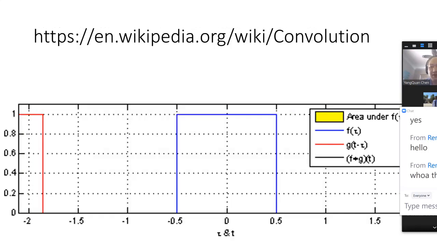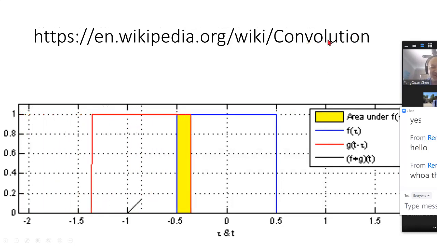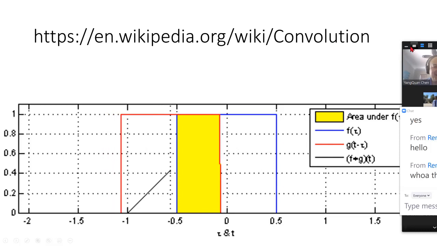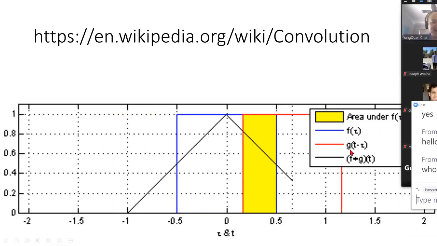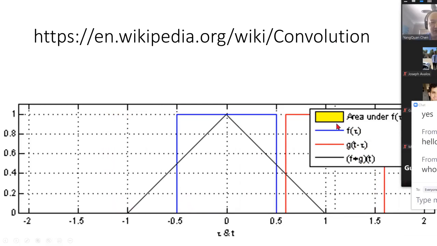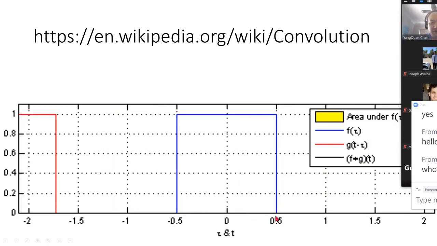Okay. So this is from Wikipedia. There's a dedicated convolution one. This is a faster animation. So you have f, g of minus t tau, f tau, then this convolution. So the black one is the convolution. You can see one is from minus 0.5 to 0.5.